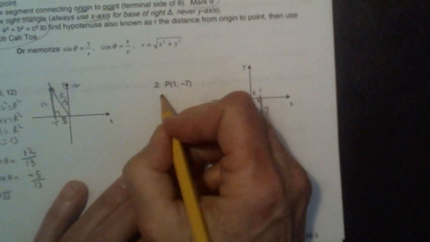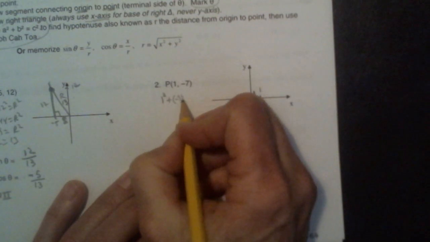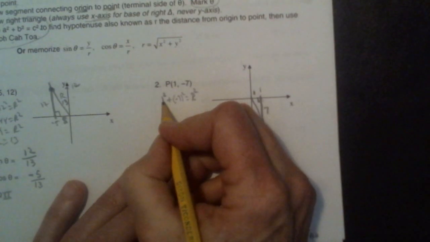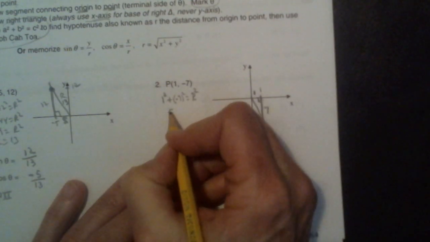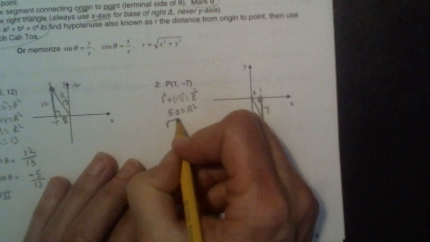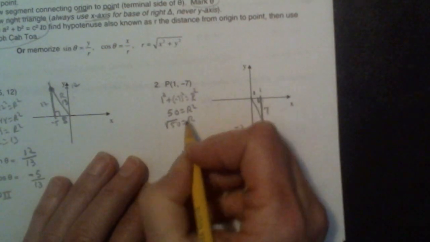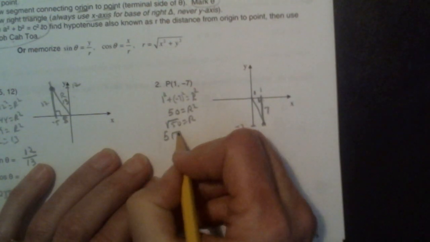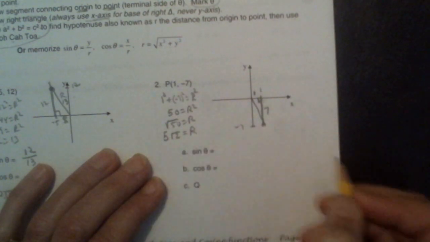And then you can do a squared plus b squared equals c squared, or the radius squared. This is 1 plus 49, which is 50. 50 is r squared, so the square root of 50 is r, and if you wanted to break that down, 25 times 2, this is 5 square root of 2 is equal to the r value.